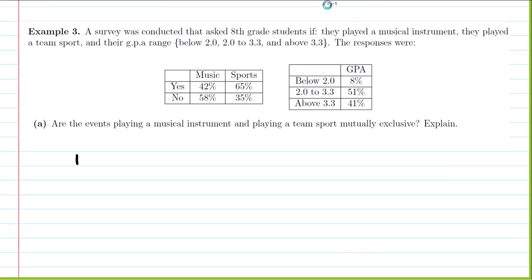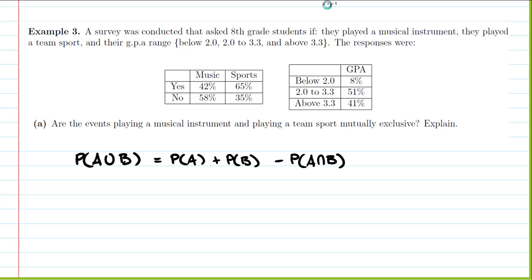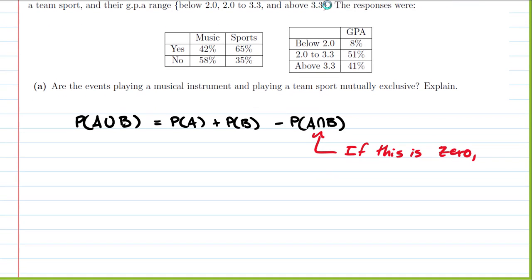So we have our formula, the probability of A or B is equal to the probability of A plus the probability of B minus the probability of A and B. And from above, we know if this is 0, the events are mutually exclusive.